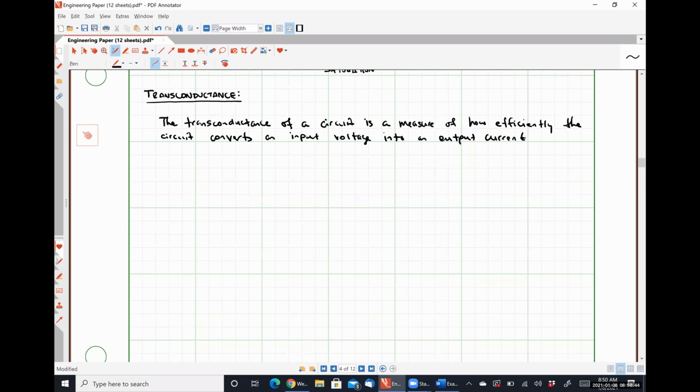In a BJT, transconductance GM is defined as the change in the collector current due to a corresponding change in the base emitter junction voltage. So we can do the math here.